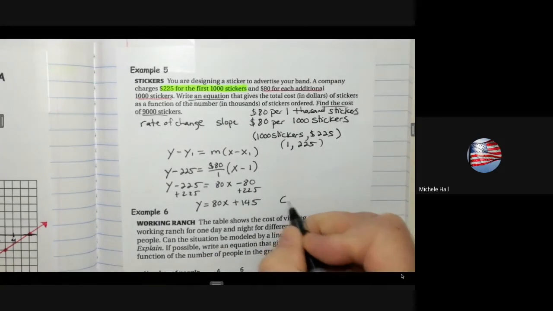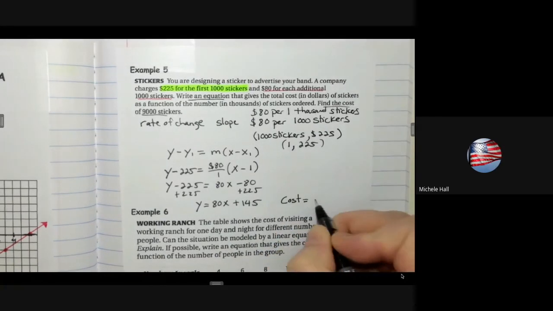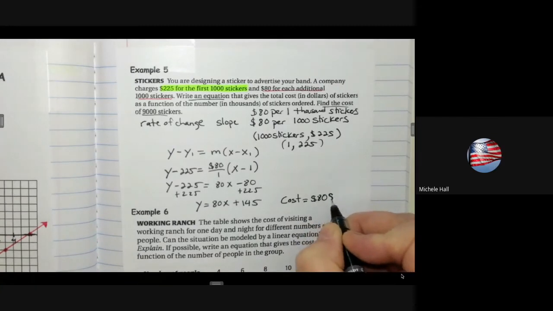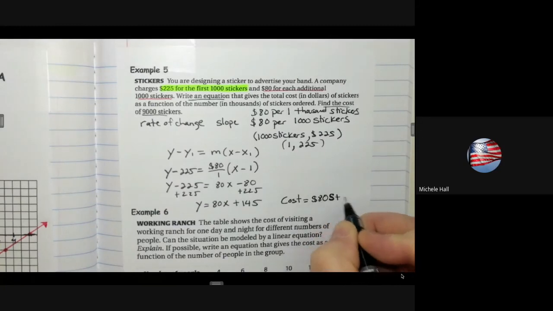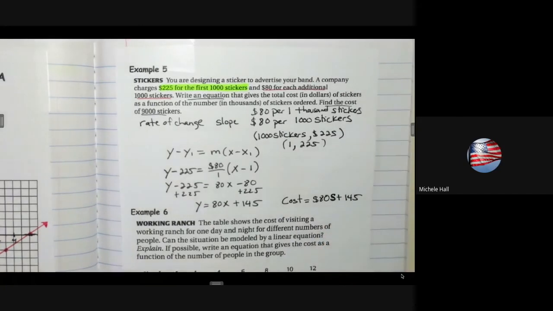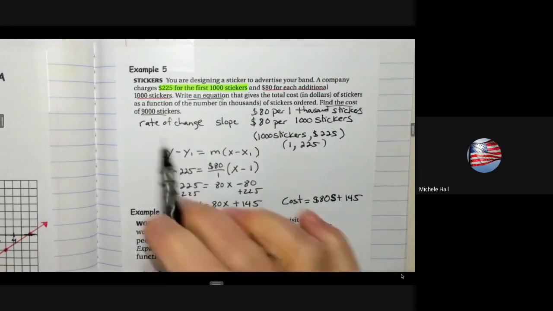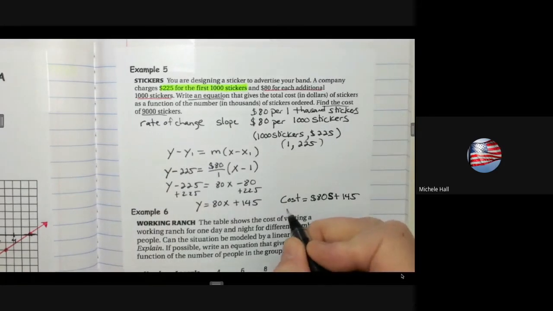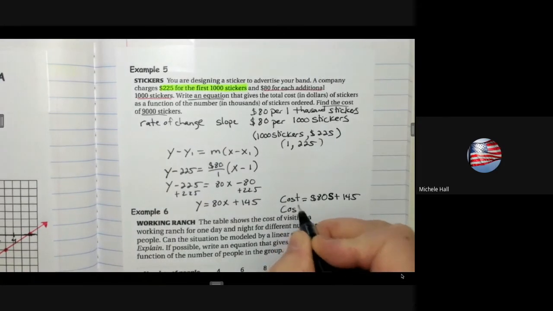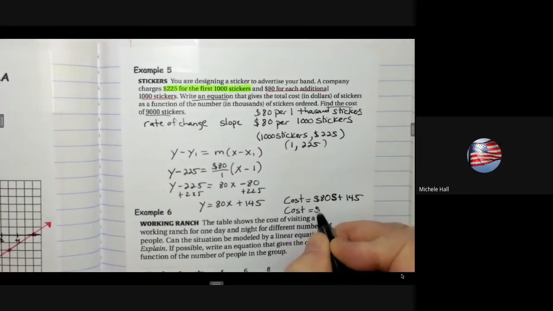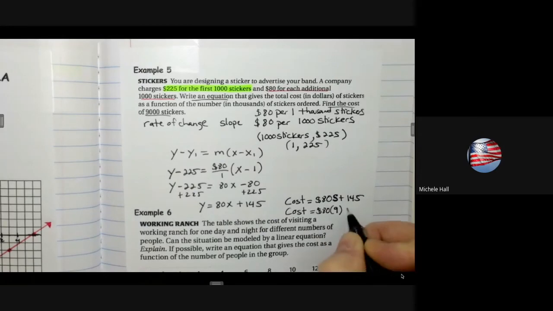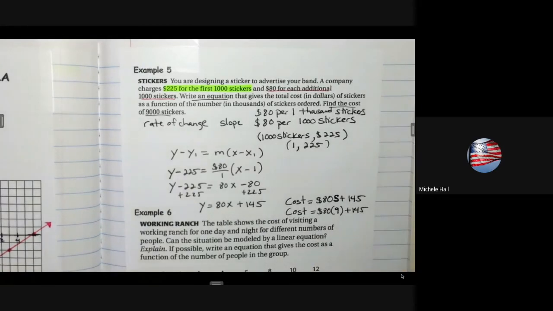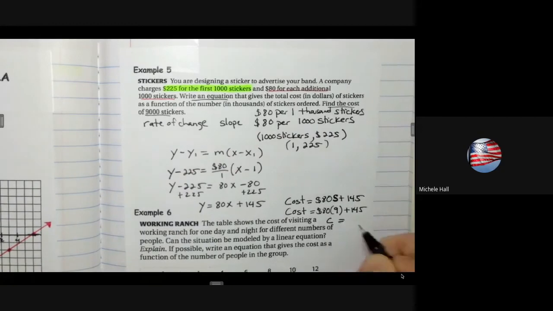So the cost equals $80 per 1 sticker plus 145. And we need to find 9,000 stickers. So the cost for 9,000 stickers is going to be 80 times 9 for 9,000 plus 145.